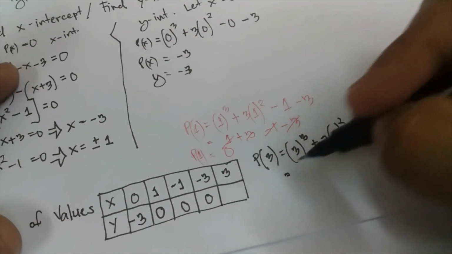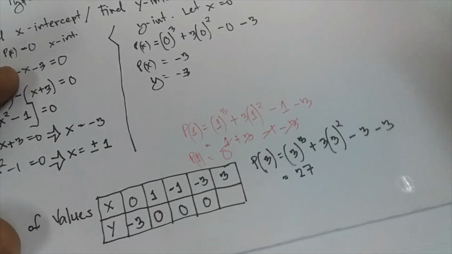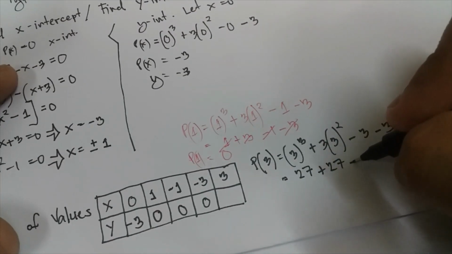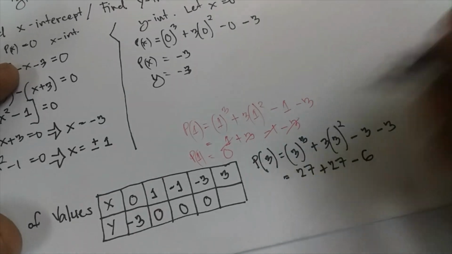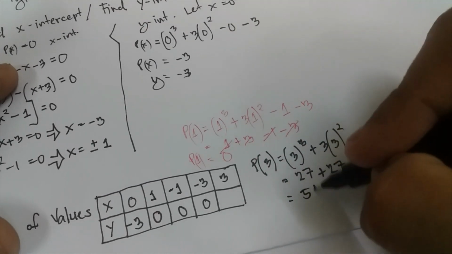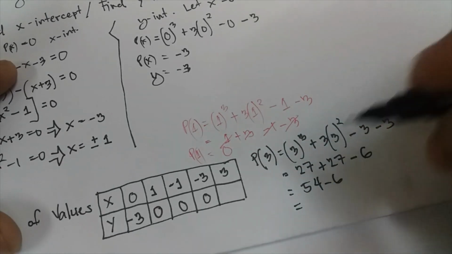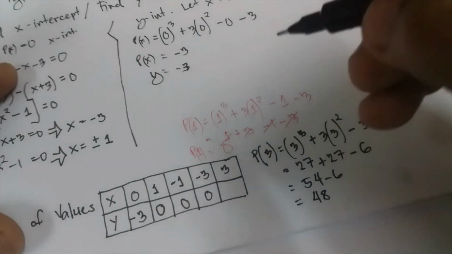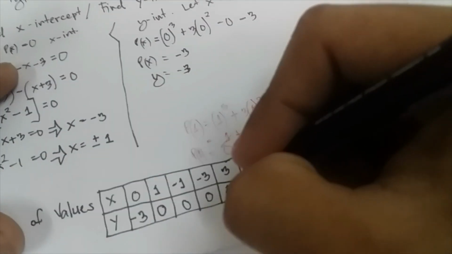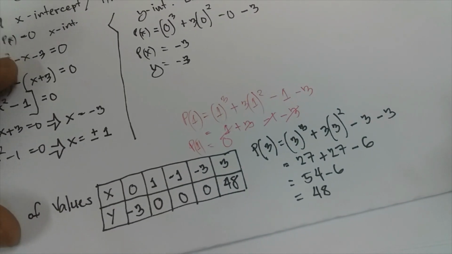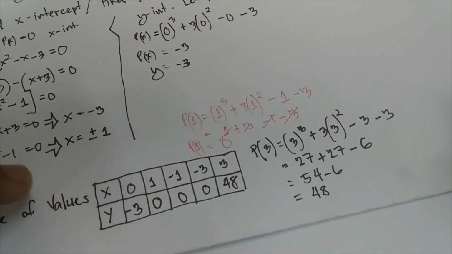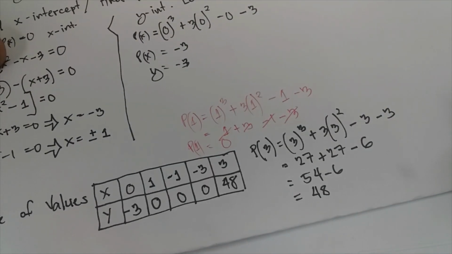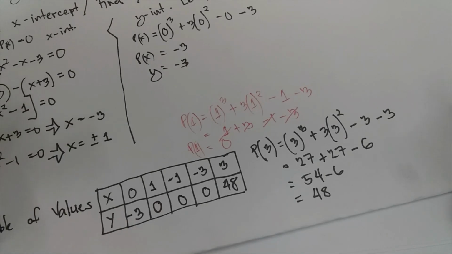So 3 to the power of 3, that is equal to 27. 3 times 3 squared, that is also 27. Then minus 3 minus 3, you can do minus 6. Okay, 54 minus 6, that is equal to 48. So when x is equal to 3, your y value is equal to 48. Okay, so we will use this value in the table of values in plotting of points for our graph later. So we are done with letter C.